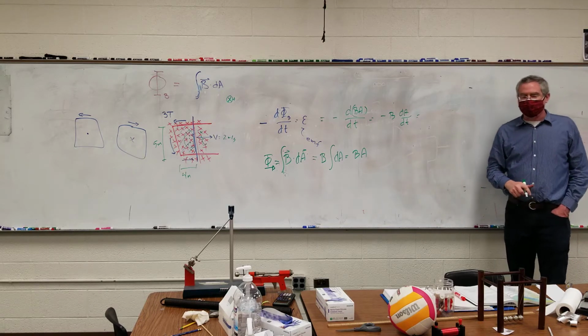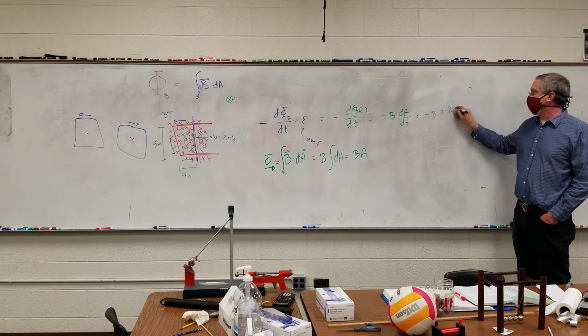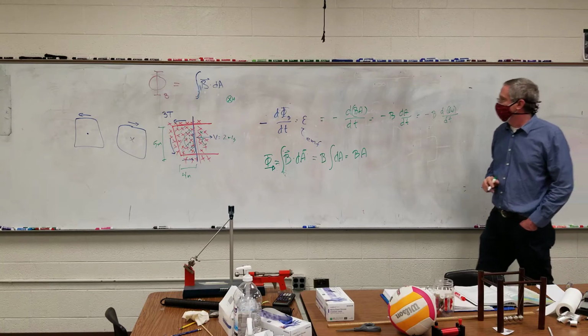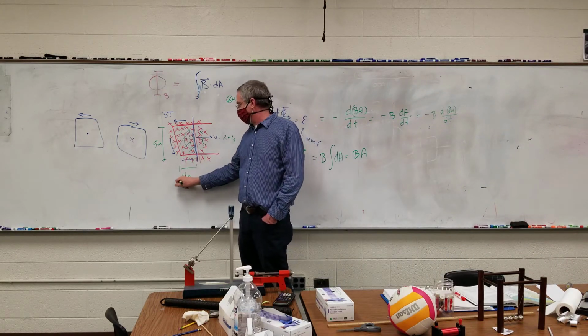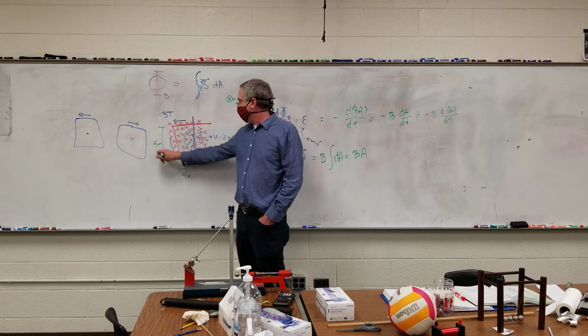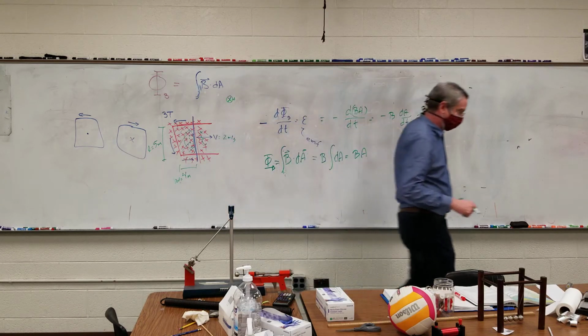And area is just length times width, so this is negative B d(length times width)/dt. Let's make this one length and this one width. And the reason's going to come up in a bit.